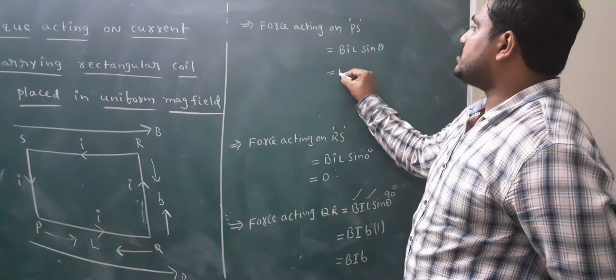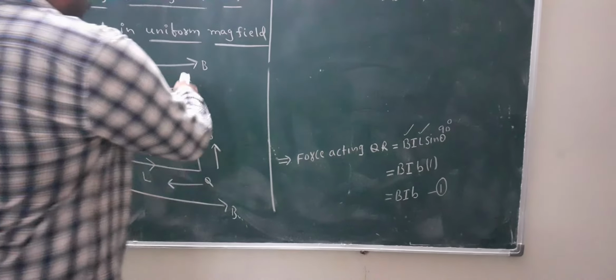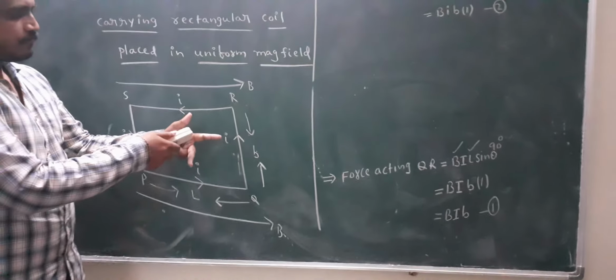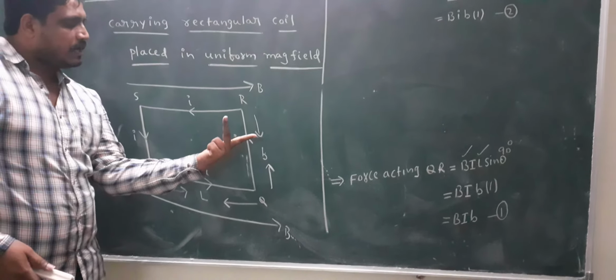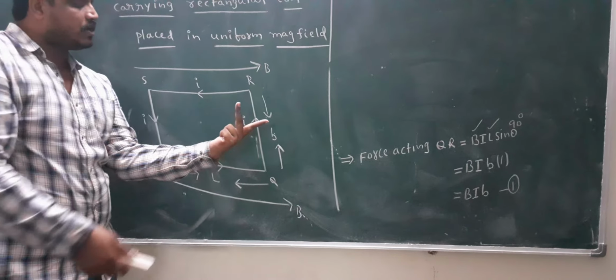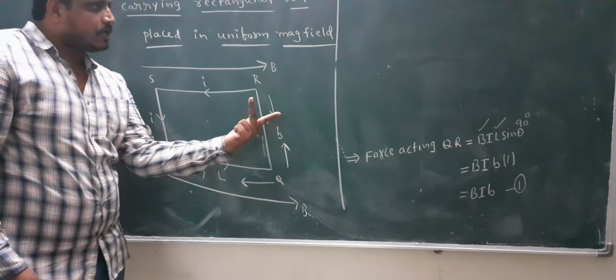Once again I repeat the topic: force acting on QR. Force is a vector. The direction of force is determined by using Fleming's left hand rule. First take your left hand. The first three fingers are placed mutually perpendicular. The forefinger indicates the direction of magnetic field, the central finger indicates current, and the thumb indicates the force.